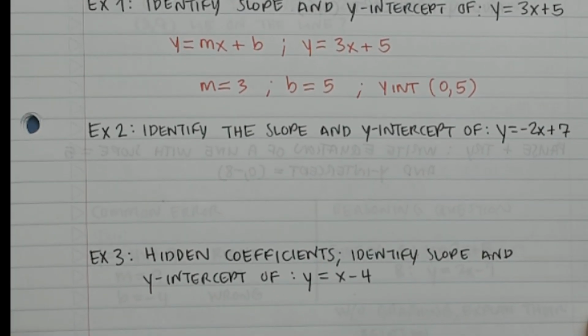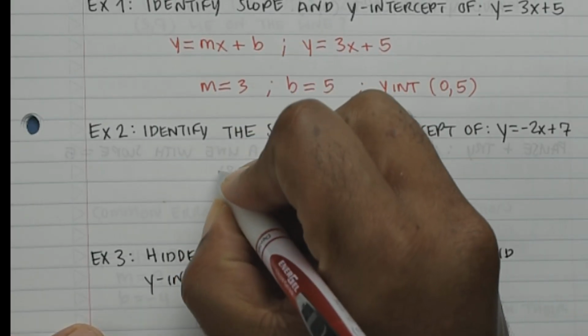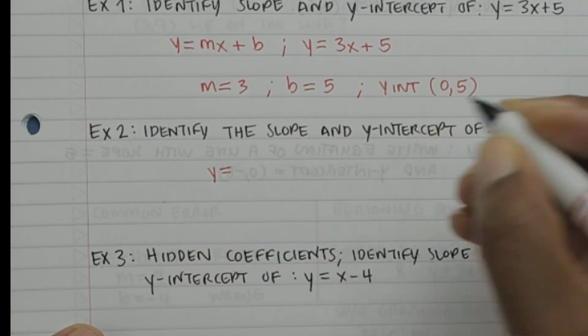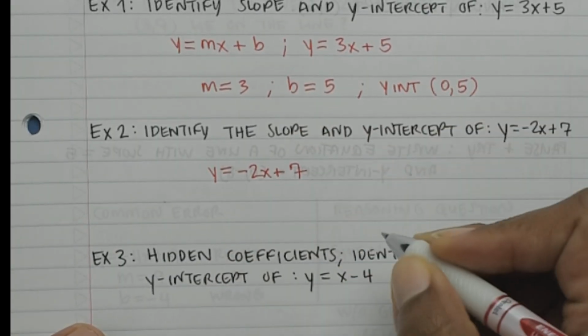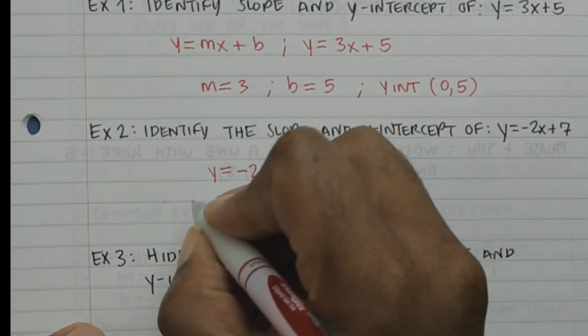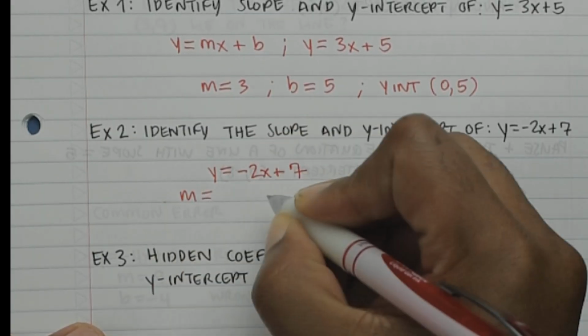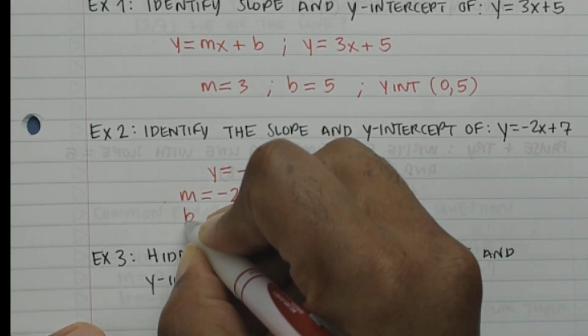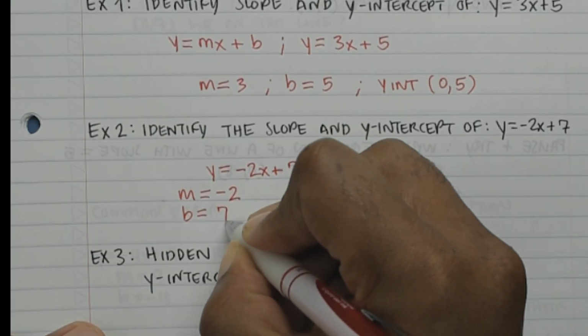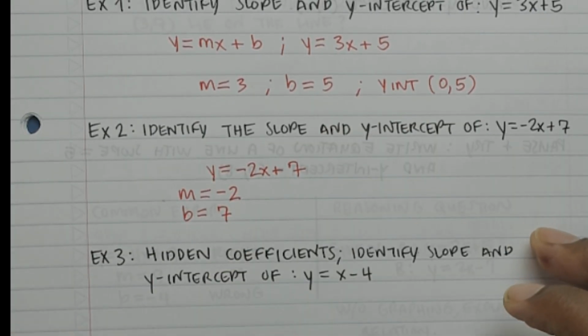Example number 2 is identify the slope and y-intercept of y equals negative 2x plus 7. So here we have the equation y equals negative 2x plus 7. So we can identify the slope. The slope in this case is m equals negative 2, and b is equal to positive 7.